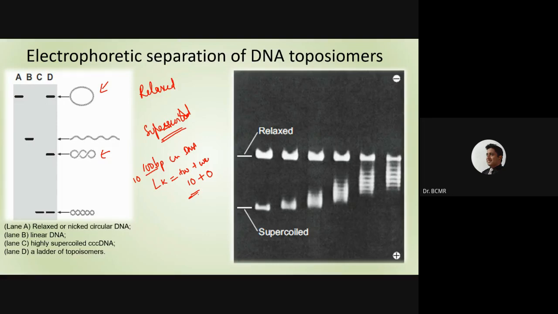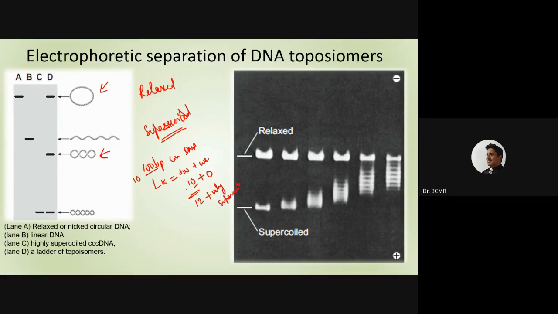But if you introduce more twist into the DNA molecule, more than 10 or less than 10, then say if you have 12 as the twist, you call it positively supercoiled.